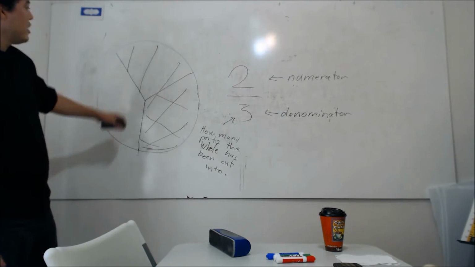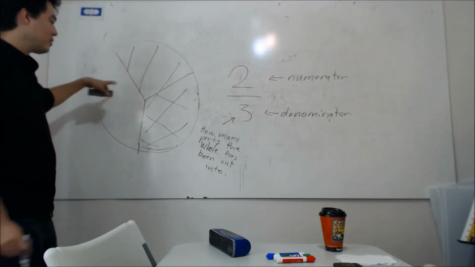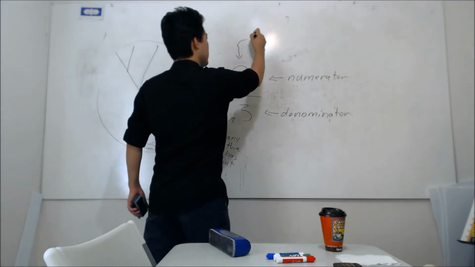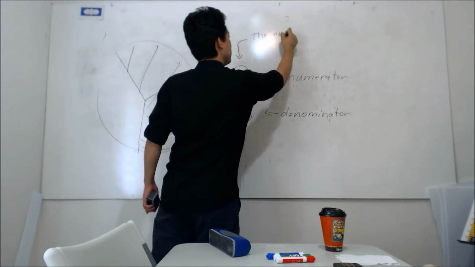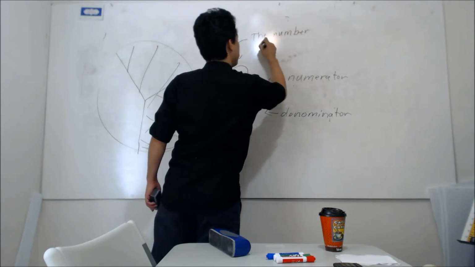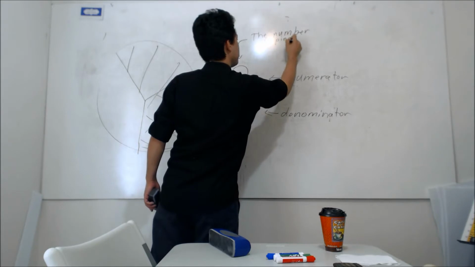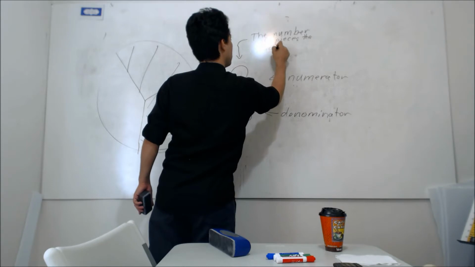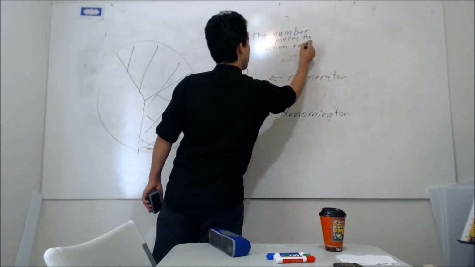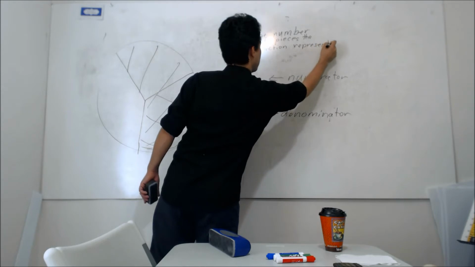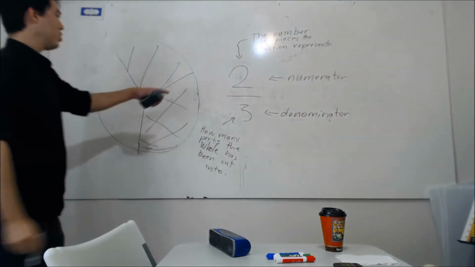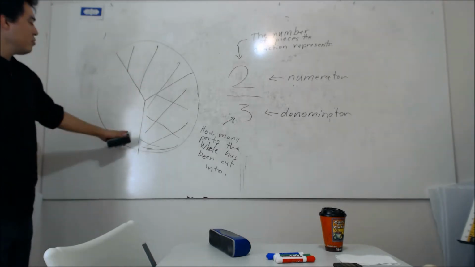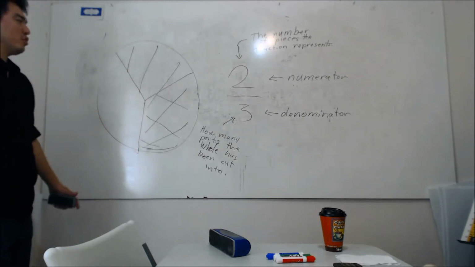In the pizza example, it's been cut into 3 pieces. And the numerator is the number of pieces the fraction represents. In this case, 2. We see that 2 of those pieces out of the 3 that the pizza has been evenly sliced into are represented by the fraction 2/3.